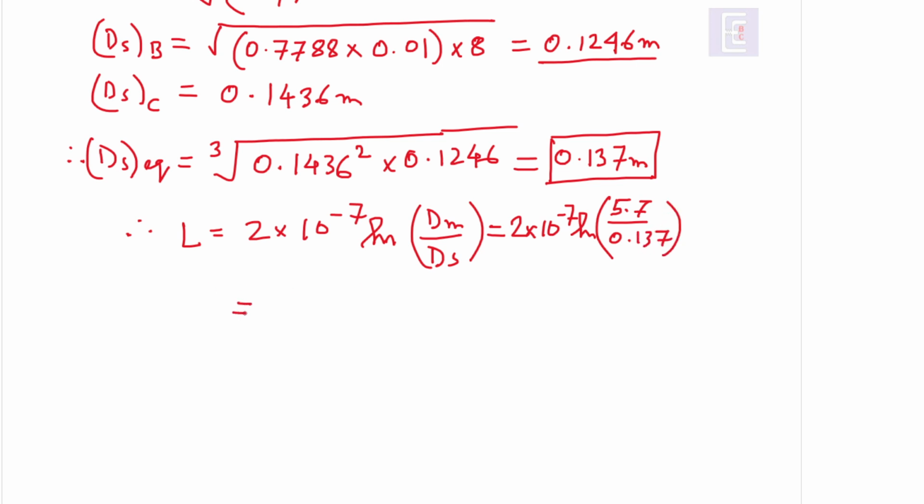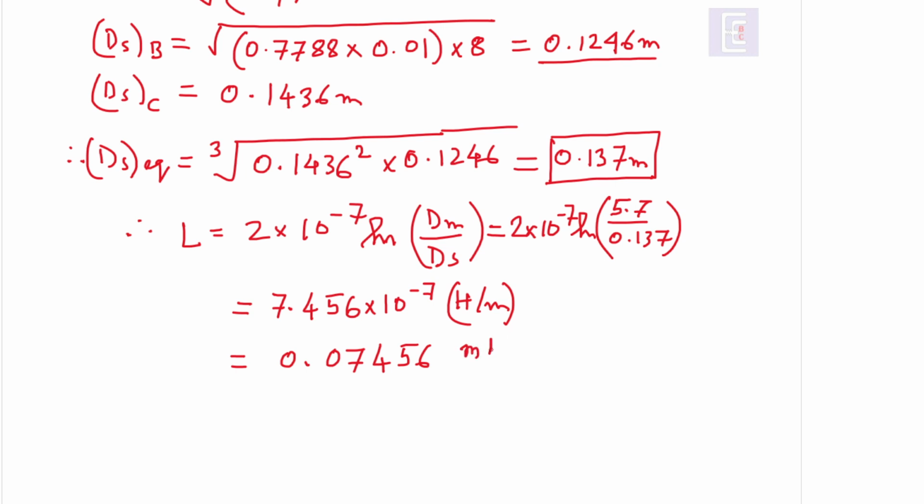If you evaluate this, it comes out to be 7.456 into 10 to the power minus 7 Henry per meter, or it can be written as 0.07456 millihenry per kilometer.